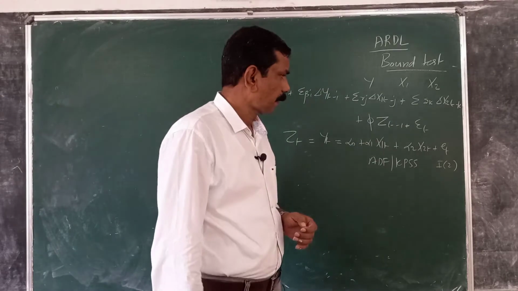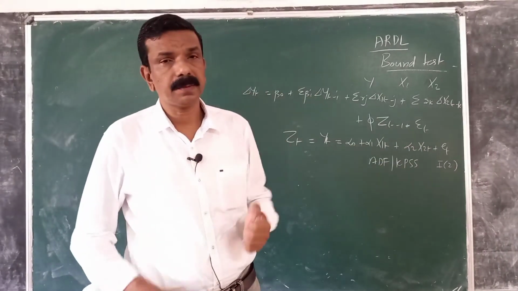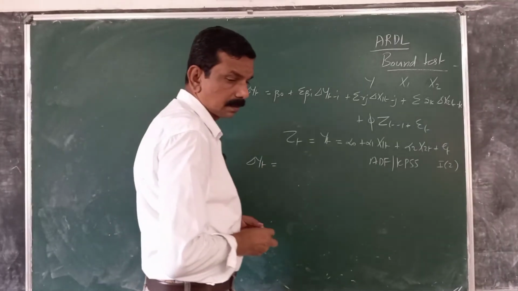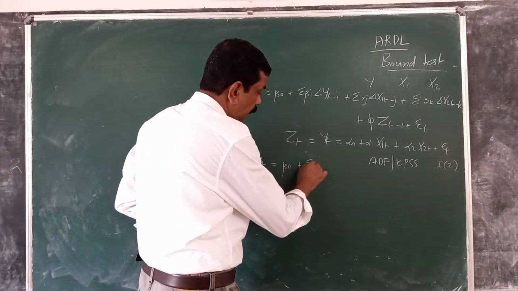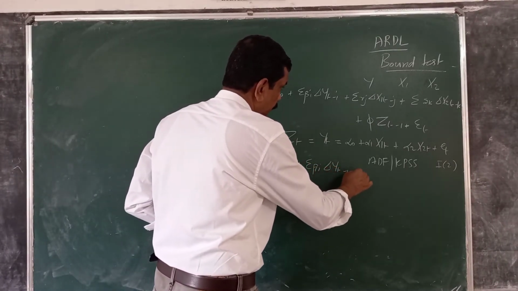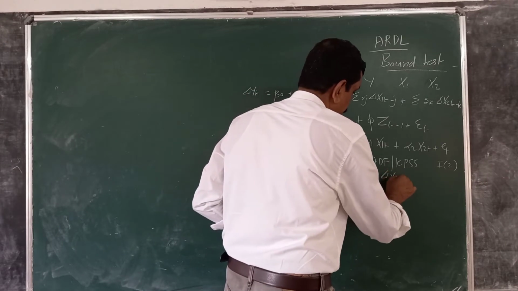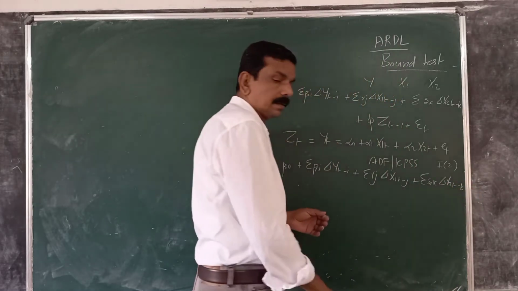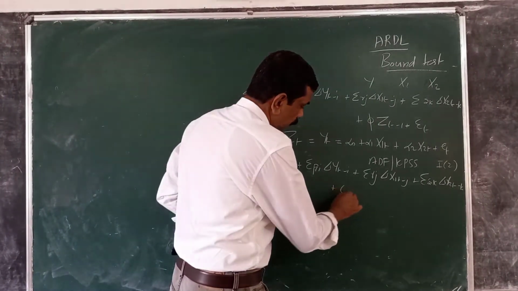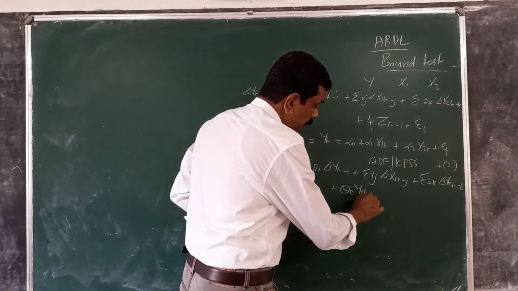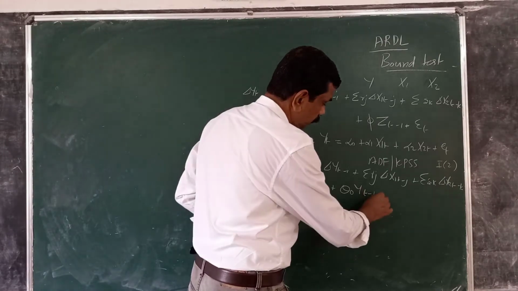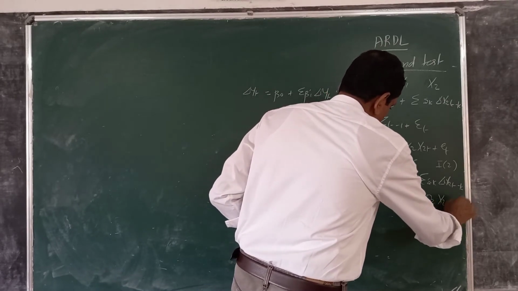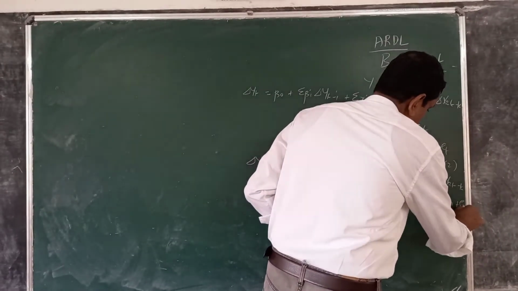In the second step, once we ensure that none of the variables is I2, we formulate the model as delta yt equal to beta 0 plus sigma beta i delta yt minus i plus sigma gamma j delta x1 t minus j plus sigma theta k delta x2 t minus k plus theta 0 yt minus 1 plus theta 1 x1 t minus 1 plus theta 2 x2 t minus 1 plus et.